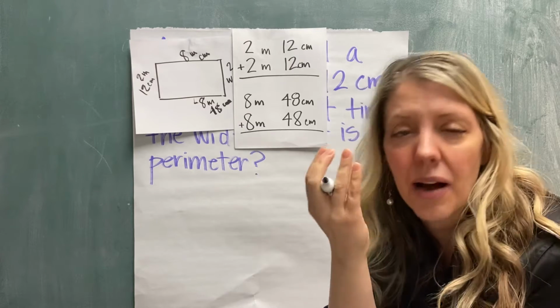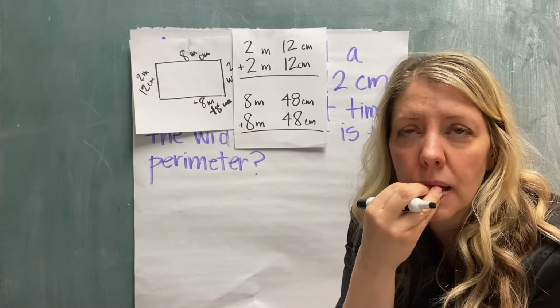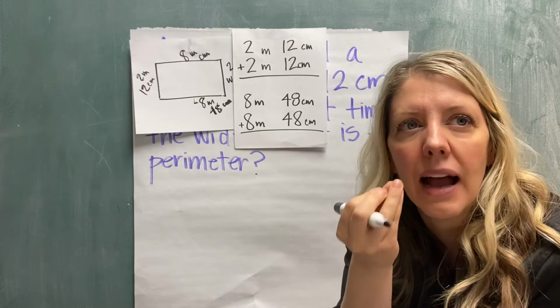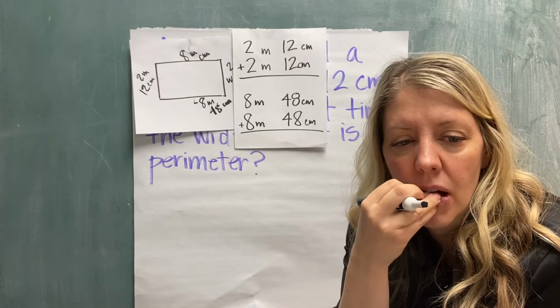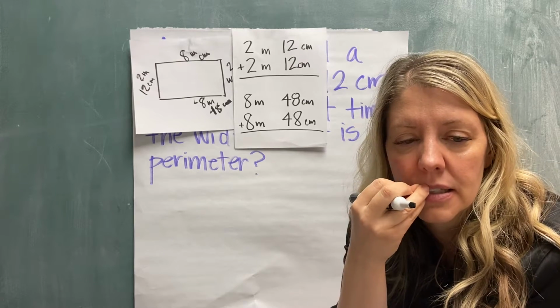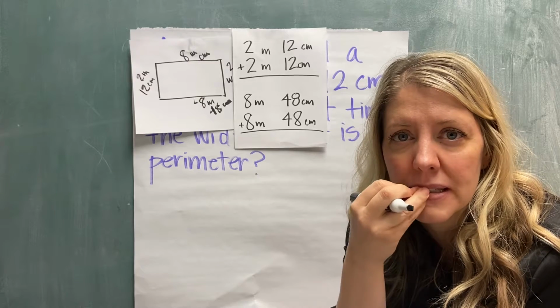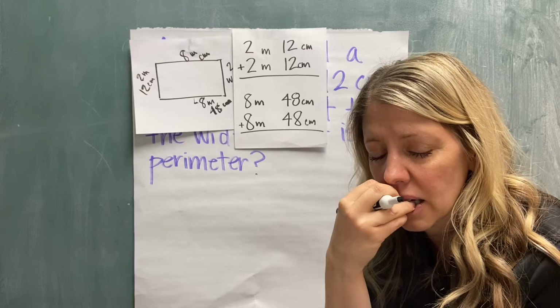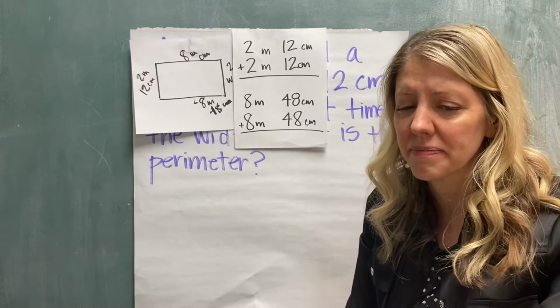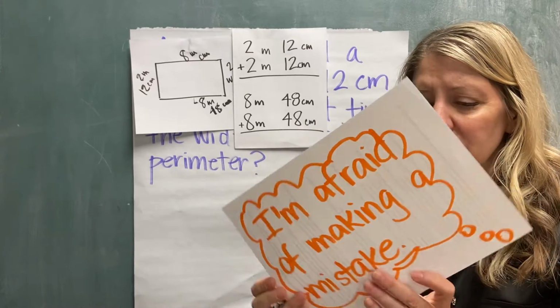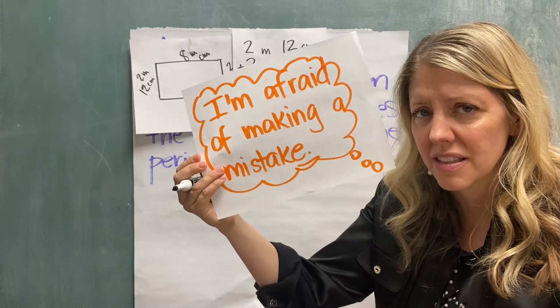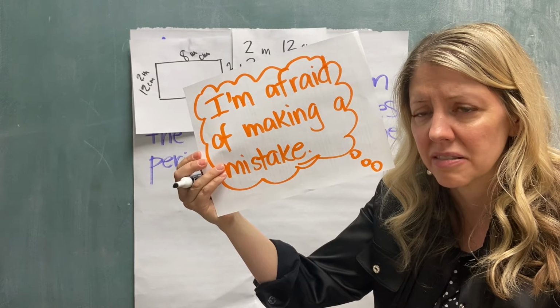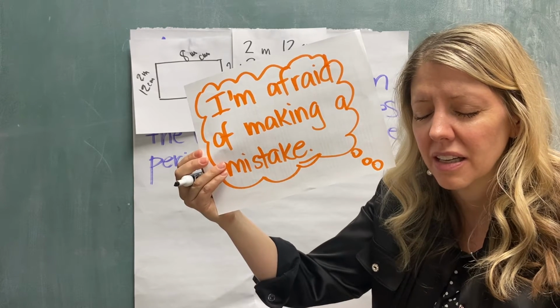Do I really not want to? I really don't want to. Why don't I want to? What thought is going around and around in my head? Oh, you know what? This is the thought going around and around in my head.